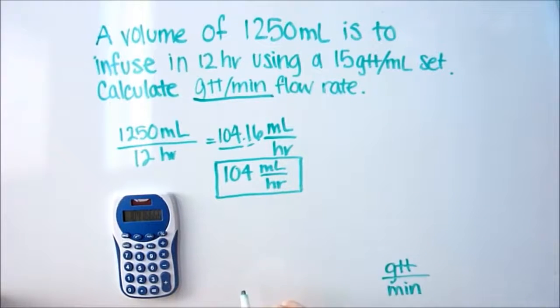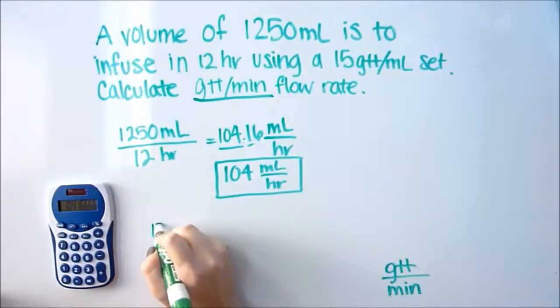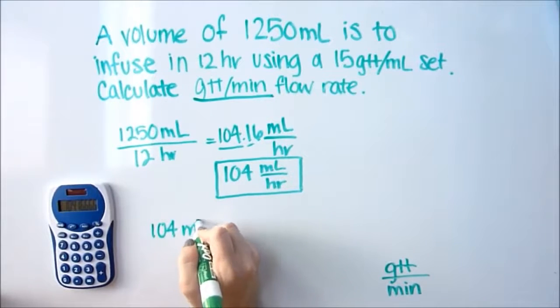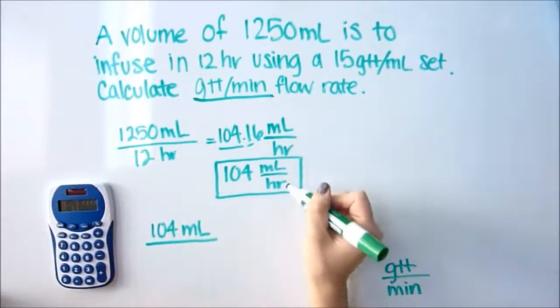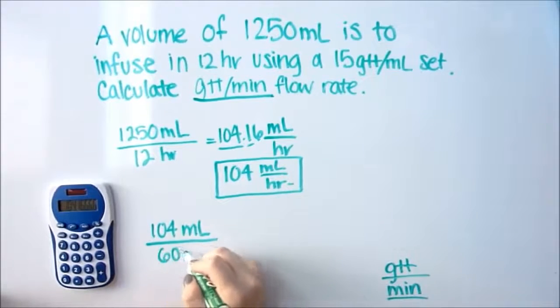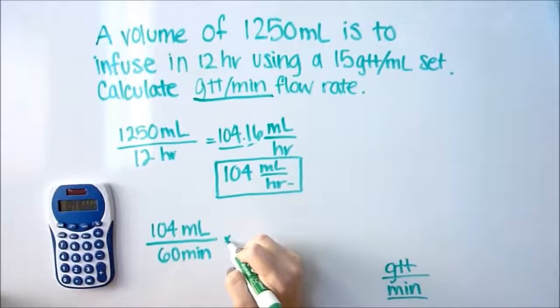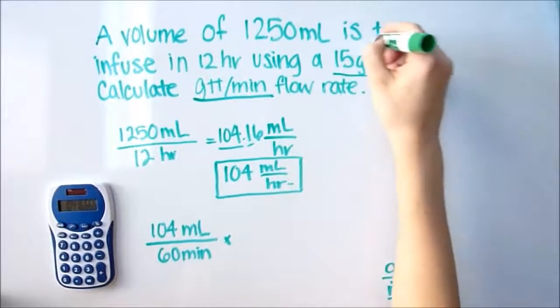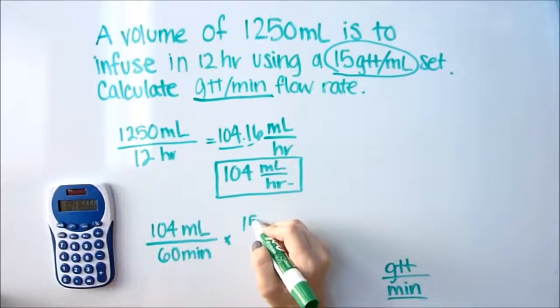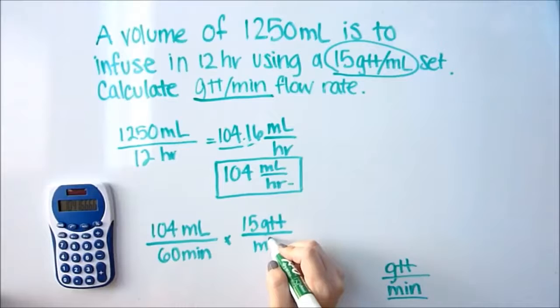Okay. And then our next step is going to be taking that 104 ml per, instead of using hours, we want minutes, right? So over 60 minutes, because there are 60 minutes in an hour, multiplied by our calibration, 15 drops per ml.